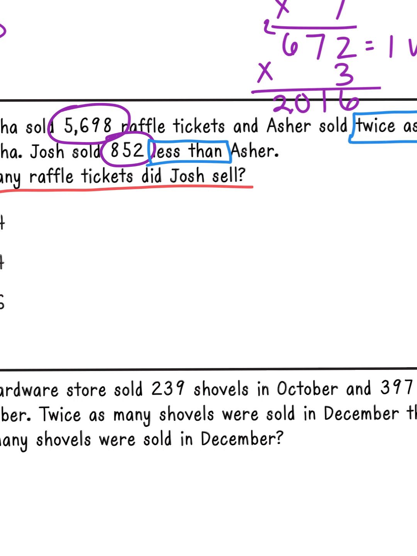So Chase just told us we either have to add 5,698 to itself, or I can multiply 5,698 times 2 because of the keywords twice as many. So I'm going to just multiply times 2. So I'm going to do 5,698 times 2.